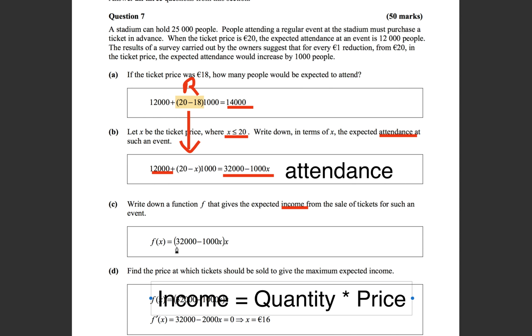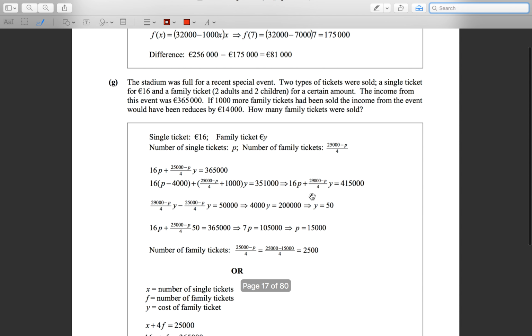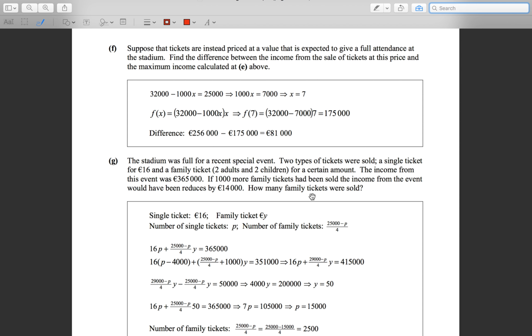Keeping that in mind, this is the quantity, the attendance. This is the price. X is the price of the ticket. So multiply one by the other. That's it. This is derivations. We're going to skip that for this lesson and move on to that in the next lesson.